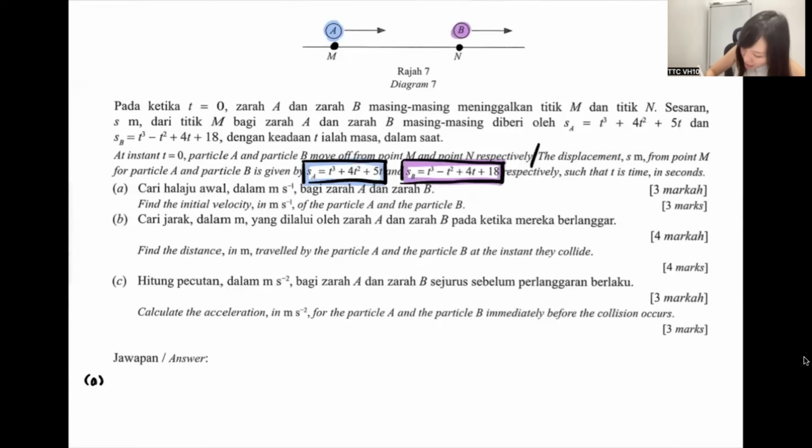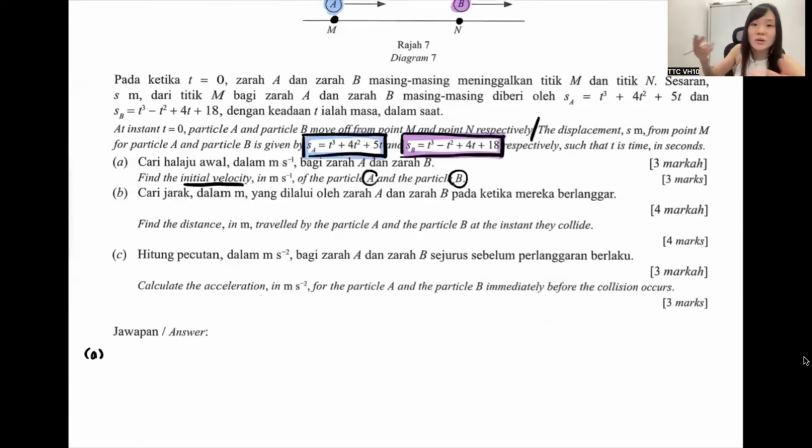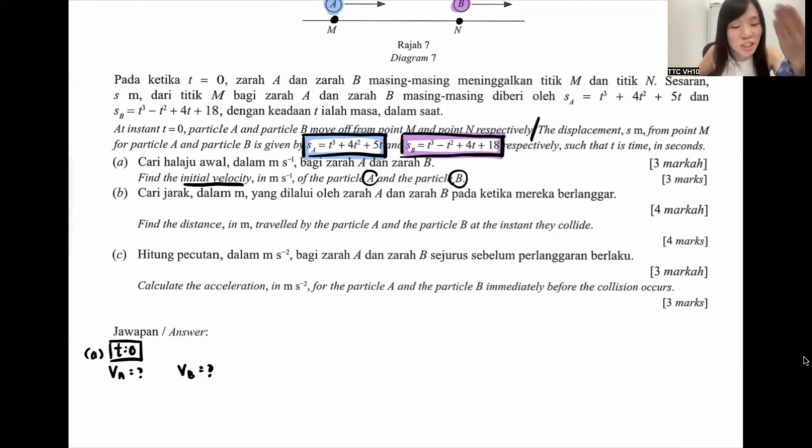They say find the initial velocity of particles A and B. So guys, initial means starting. At the start, what is it? Time is always 0. So they want to find velocity: initial velocity A, initial velocity B. How do I find V? Actually, just sub t into the V equation. But the problem is, do you have a V equation?